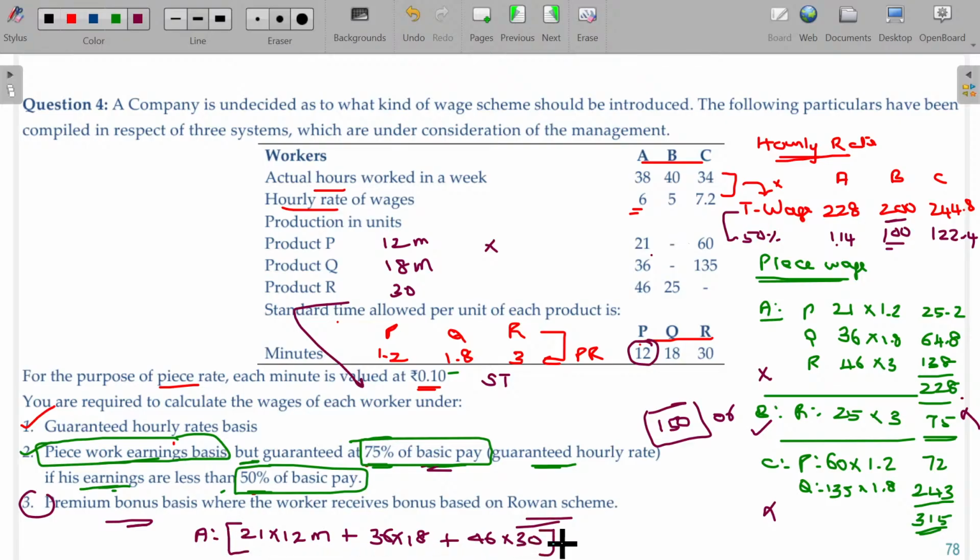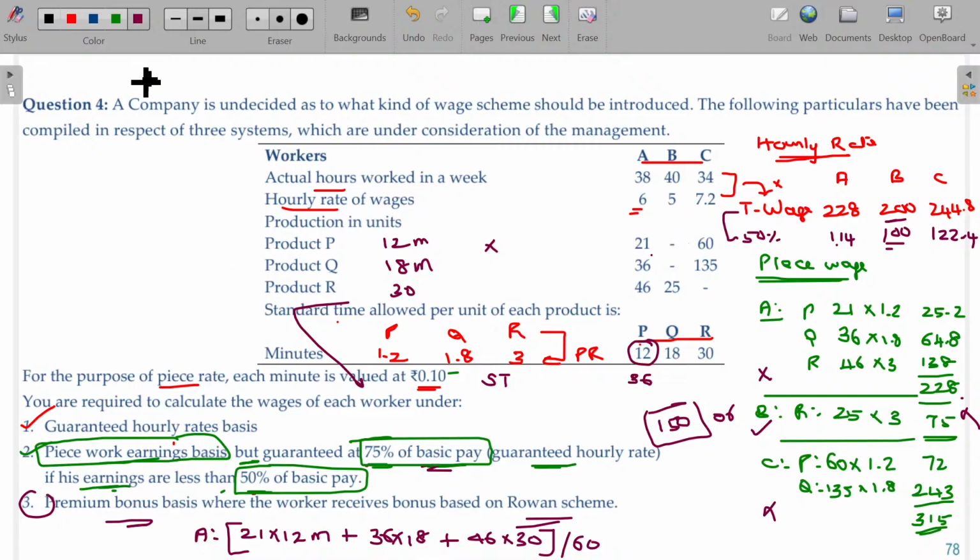You will get minutes, but you convert into hours. Divide that entire value by 60 minutes. Come on, tell me, what is that standard time or allowed time? What is the allowed time? 38 hours. Yeah, 38 hours.